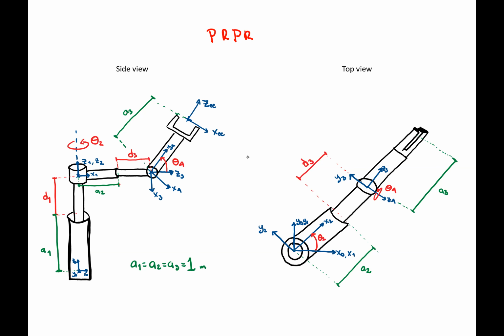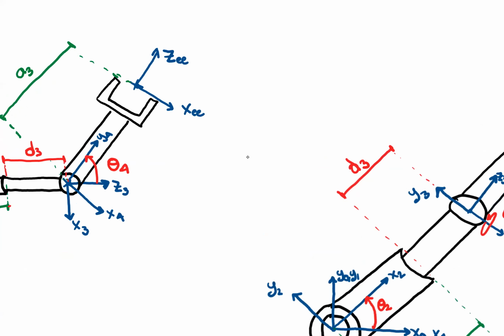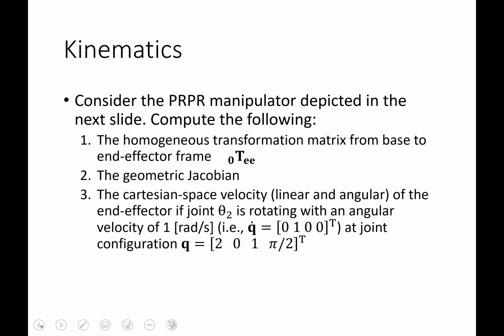So let's go back to the description of the exercise. Consider the PR manipulator depicted in the next slide, and compute the following. The first part, and the most time consuming one, is computing the homogeneous transformation matrix from the base to the end effector frame, which is the transformation from 0 to the end effector.